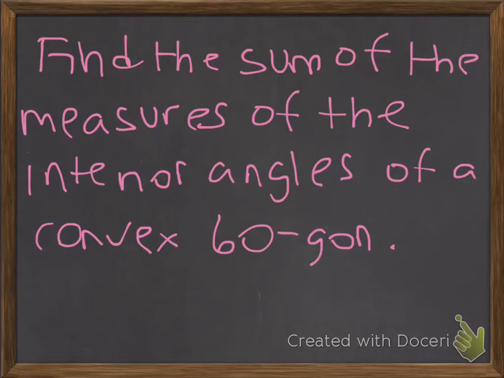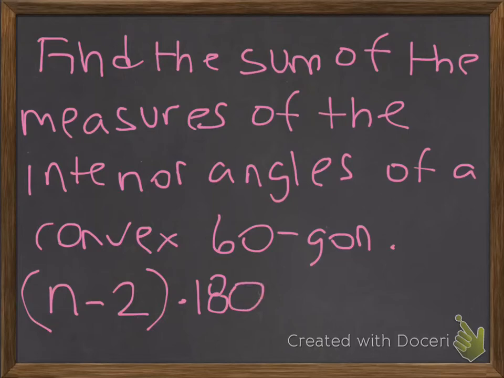First thing we're going to do is find the sum of the measures of the interior angles of a convex sextagon. There's a formula you need to know for interior angle sum, which is n minus 2 times 180, where n means the number of sides.